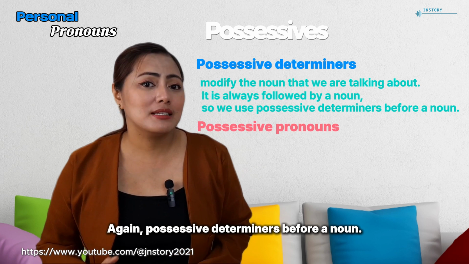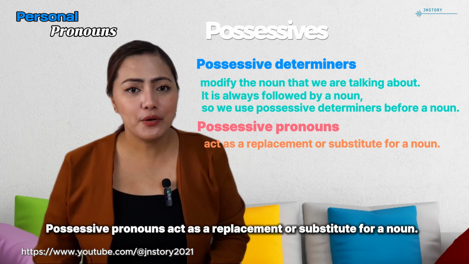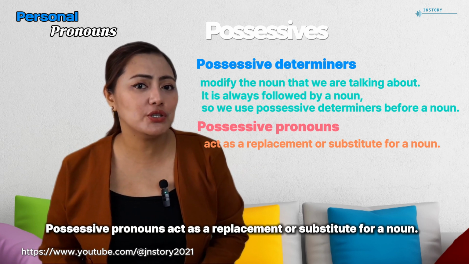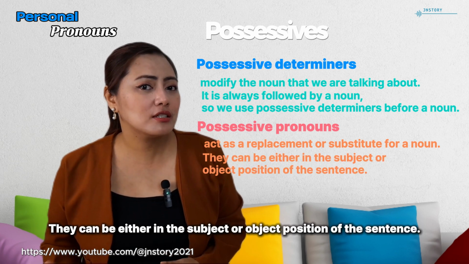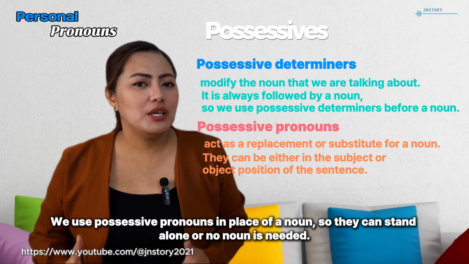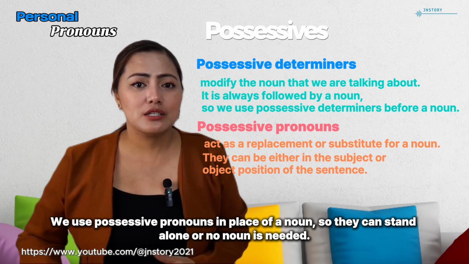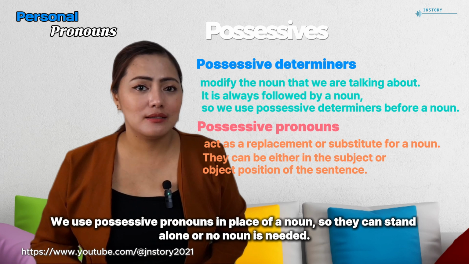Again, possessive determiners before a noun. Possessive pronouns act as a replacement or substitute for a noun. They can be either in the subject or object position of the sentence. We use possessive pronouns in place of a noun, so they can stand alone and no noun is needed.